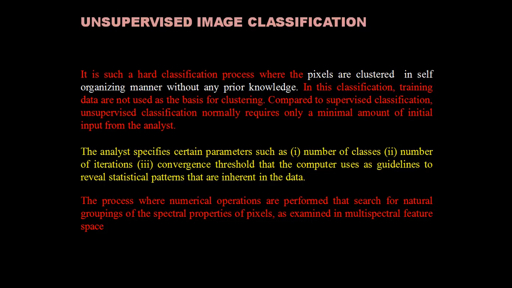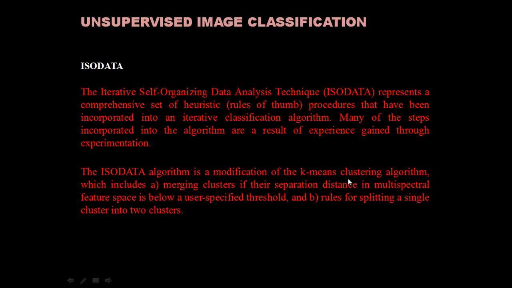These three types of parameters can be understood much better using practicals. One thing is very important: like the supervised classification system, the unsupervised classification system is also done using an algorithm like ISODATA.